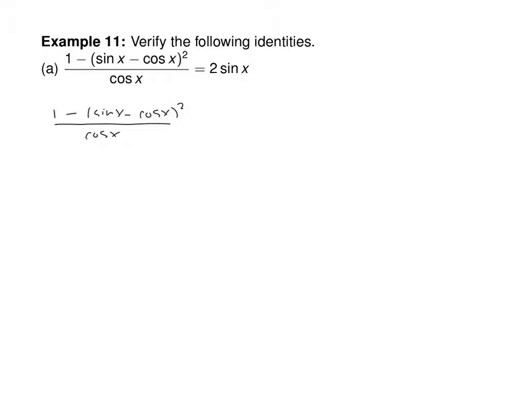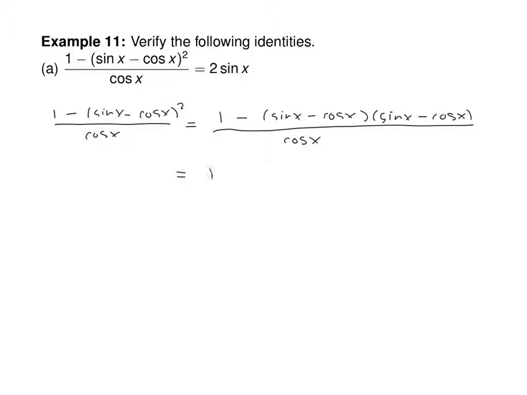There's no immediate obvious canceling that can happen, so what's your first instinct as to what you could try? Distribute. So square out that sine x minus cosine x. I'm going to write it a little bit longer; you don't have to write this much work if you can do this in your head. And I'm going to make a mistake on purpose.